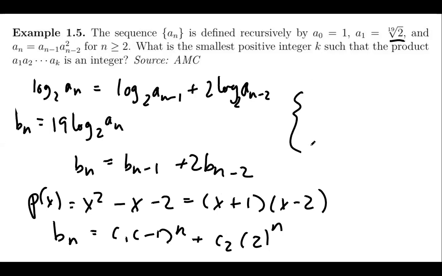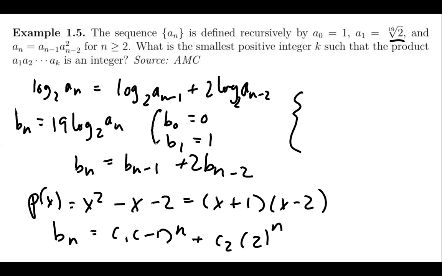And once again, we set up the system of equations. Oh yeah, I forgot to mention that if we do it like this, we can let b0 equal 0, and then b1 equal 1. And that lets the rest of the recurrence be correct.